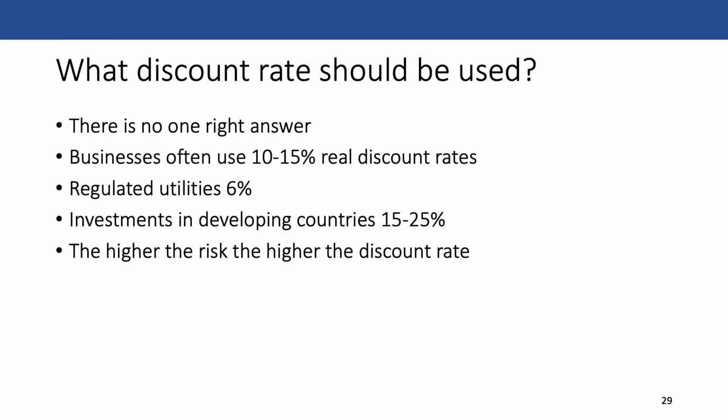And discount rates for developing countries may be even higher, 15 to 25%. That means that the value of money in the future is worth a lot less than it is today at higher discount rates.